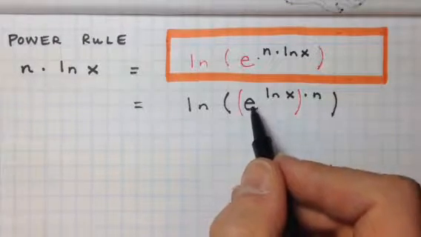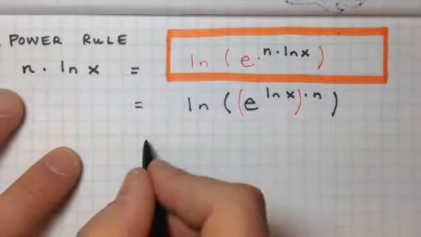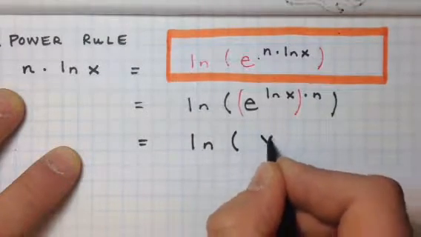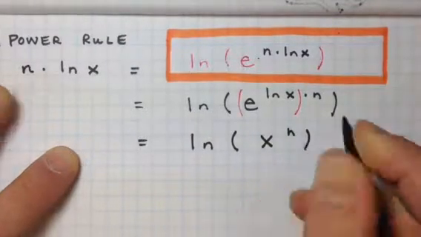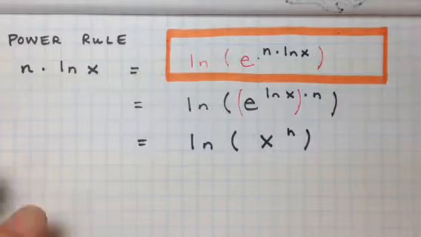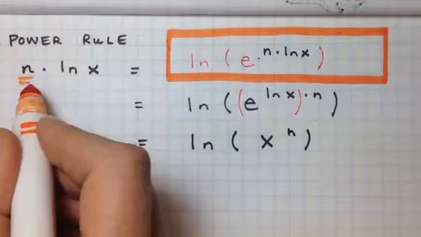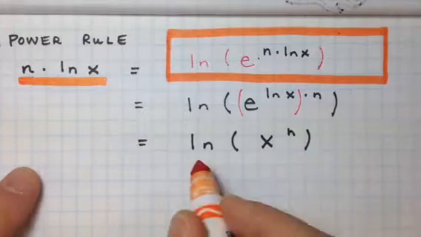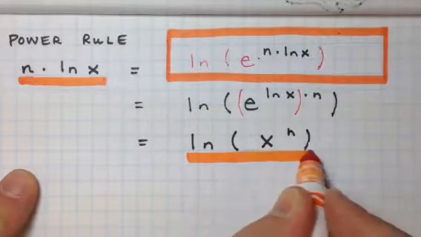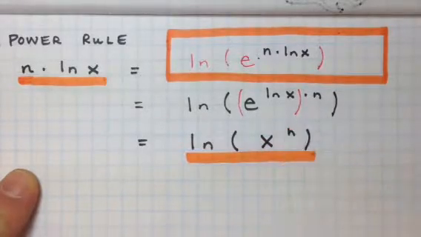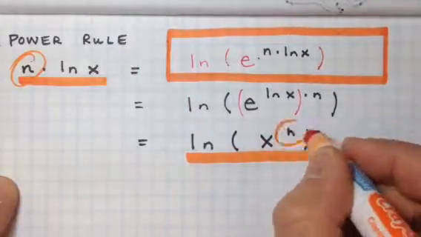Using inverse properties, e to the natural log of x is just x. So we have natural log of x to the n power. And so the power rule says that if you have a coefficient on a natural log, like we do right here, it's simply equal to the natural log of the function inside to the coefficient power. So the n goes here.